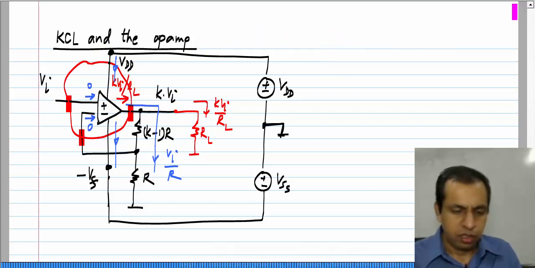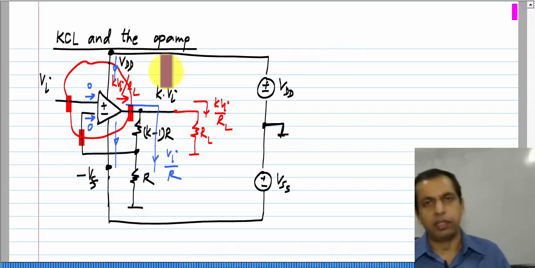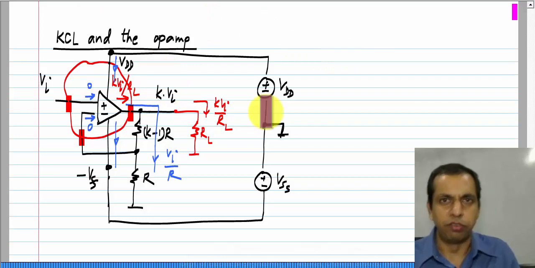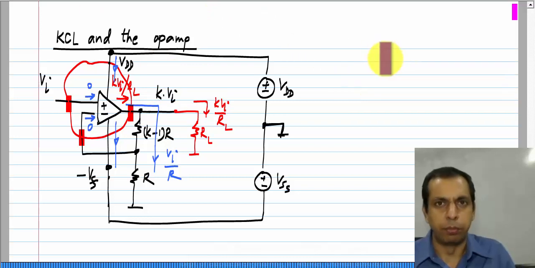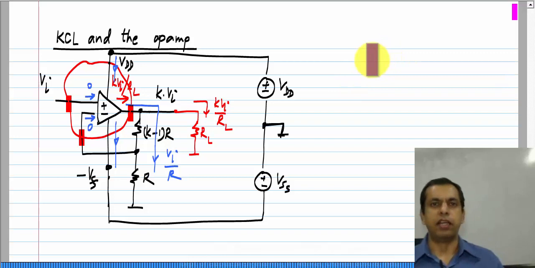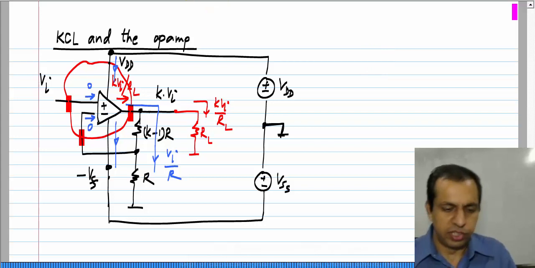Okay. So, essentially the current that is coming out of the op amp is coming out of the supply terminals of the op amp. Now, exactly how much current flows through the supplies depends on the internal details of the op amp, but there is a pretty simple model that we can use, which I will discuss now.